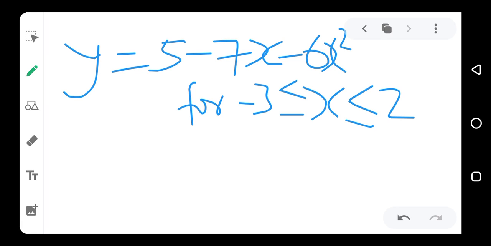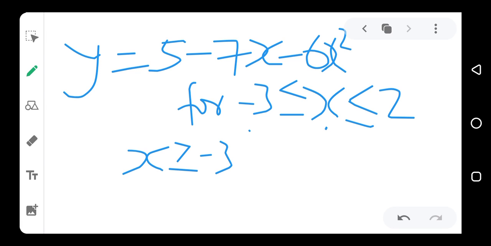Here, minus 3 is less than or equal to x. What it means is that x is any value that is greater than or equal to minus 3.